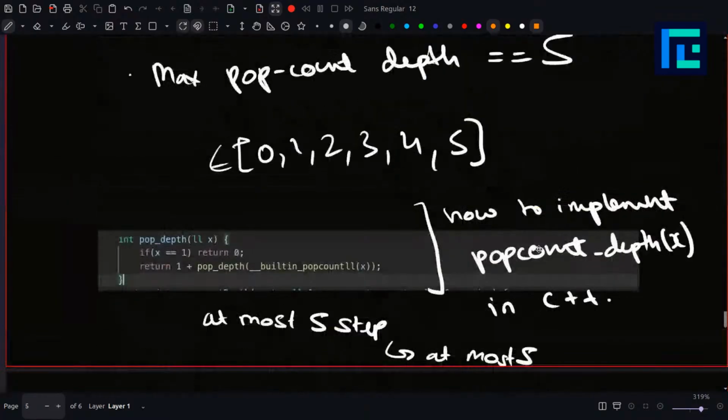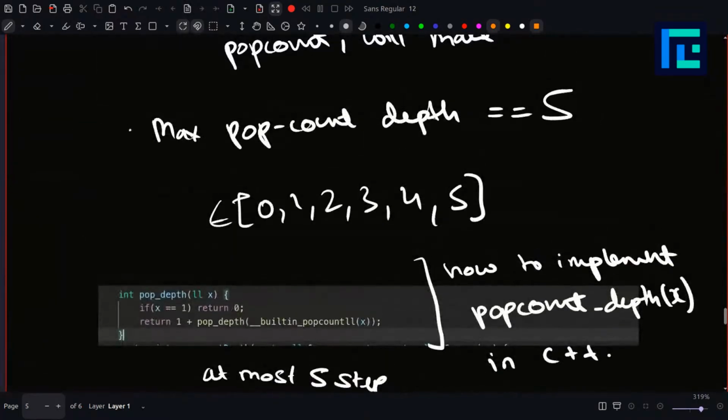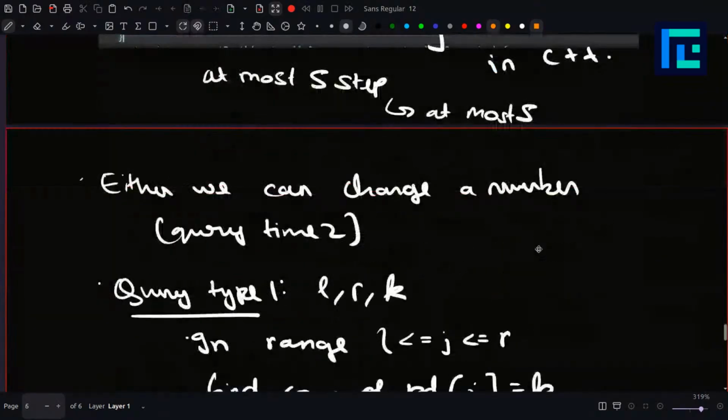Okay, now how will this help us solve our problem? Well, in our problem, we already know that the max pop count depth is 5.